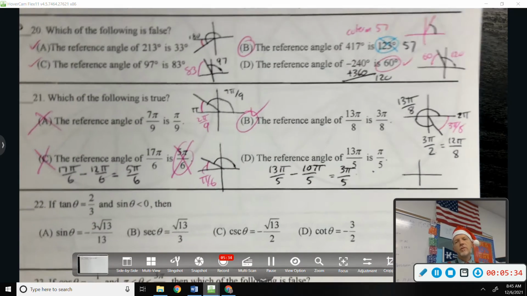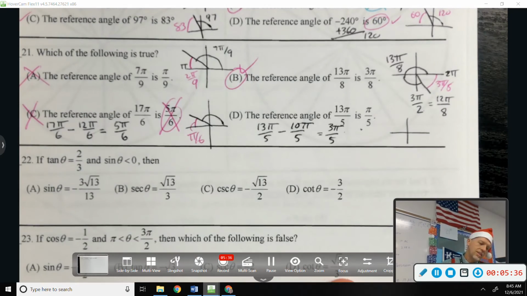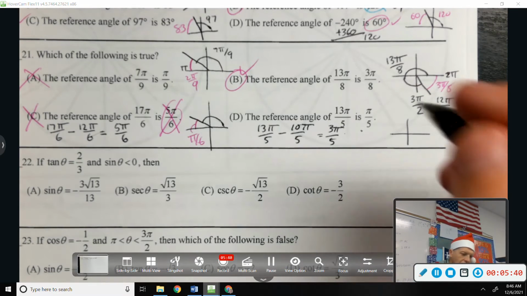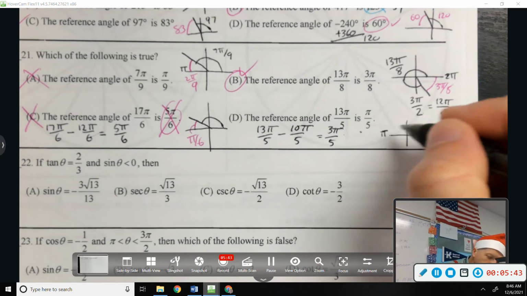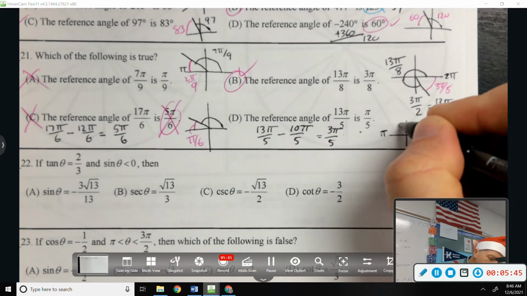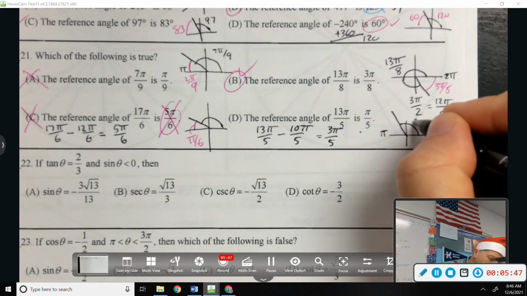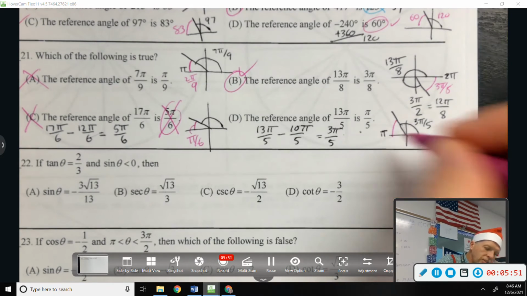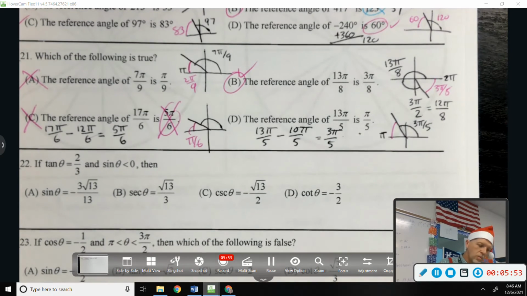Uh-oh, what quadrant is 3 pi over 5 in? It's not as big as pi, so it's into the second. So how many more pi over 5s do I need to get to pi? 2 pi over 5.